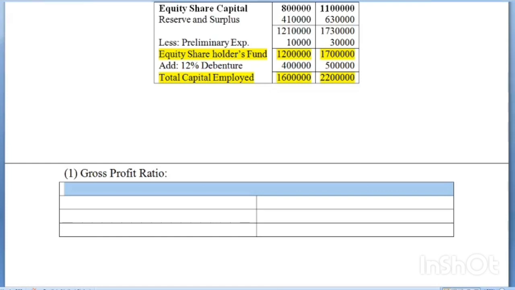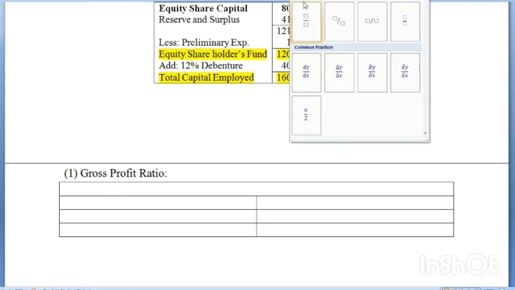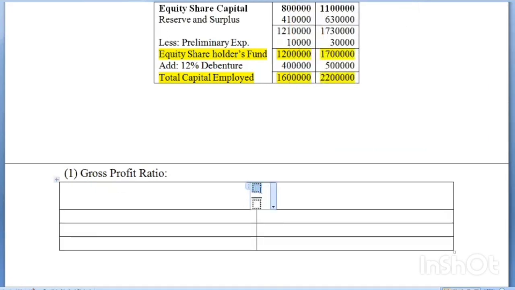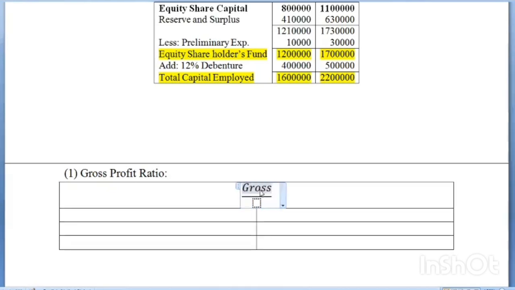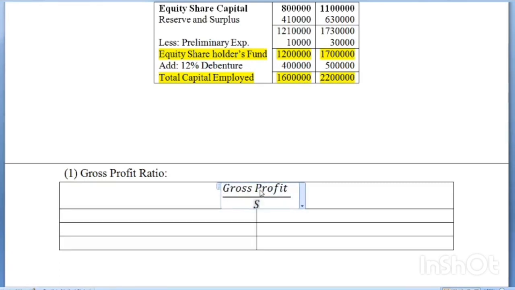The formula is gross profit upon sales, that is total sales, into 100.